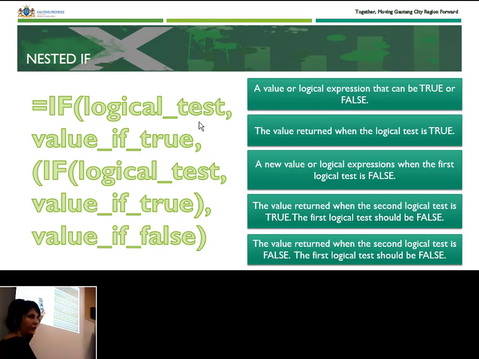Check here. Once his birth month is not greater than the current month, what do we do? We need to check if the birth month is equal to the current month. What happens if it's true? Why do I need to check again?